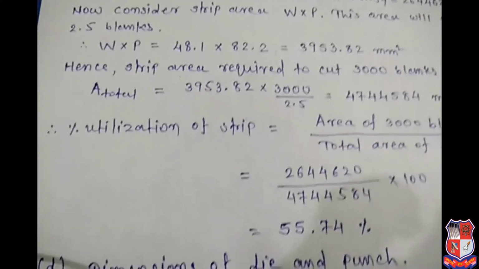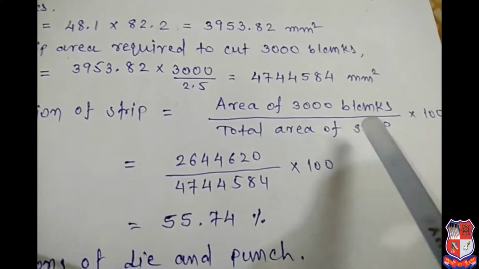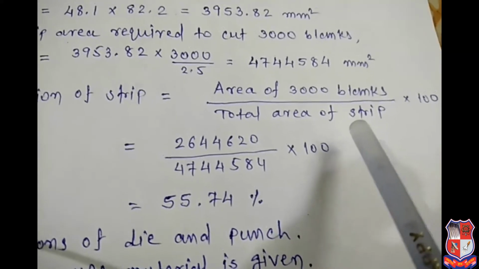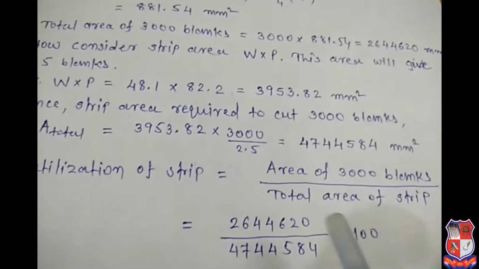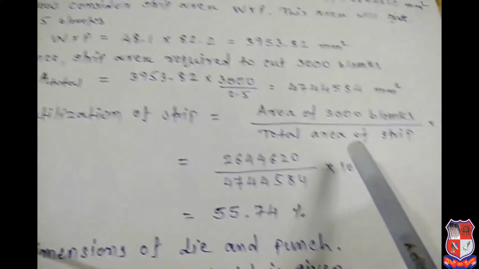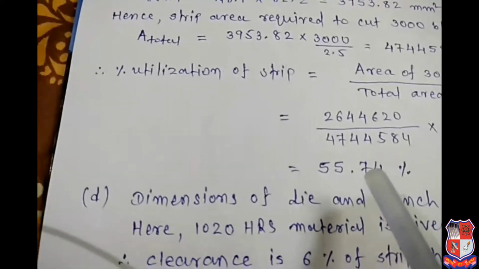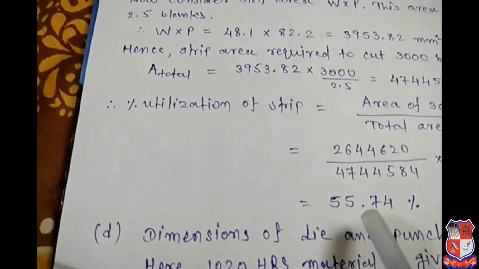Now how to calculate percentage utilization of strip? So this is the formula: area of the 3000 blanks divided by total area of the strip. We have calculated the area for the 3000 blanks, this much. Area of the strip is this much. So we can get 55.74% of utilization.